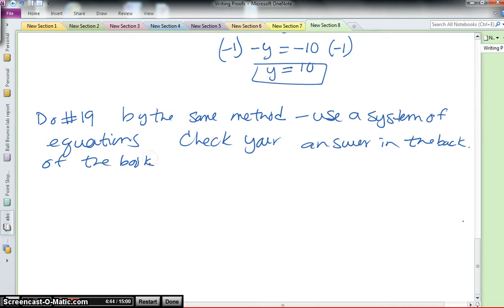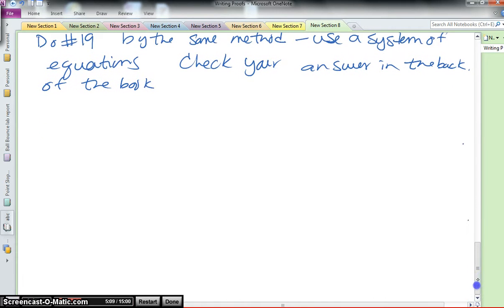By now you realize that I'm going to check your work for number 19 and that you're going to need to have checked your answer. So the next thing we're going to do, well, you're going to stop and do number 19 and check your answer in the back of the book, and then you're going to come back and we're going to write a proof for number 20. So you stop the tape now and come back when you've done number 19.